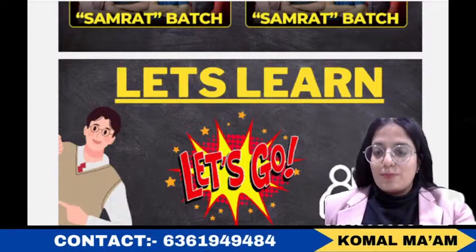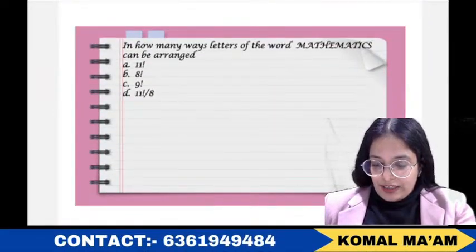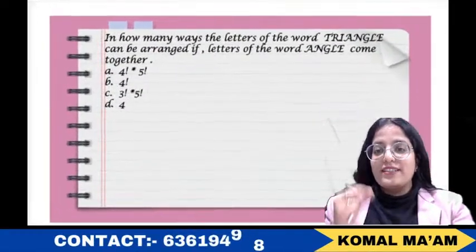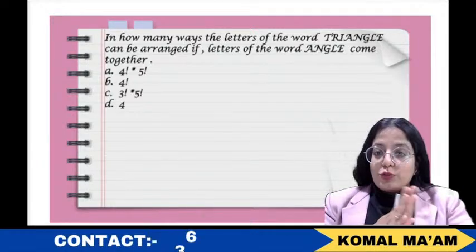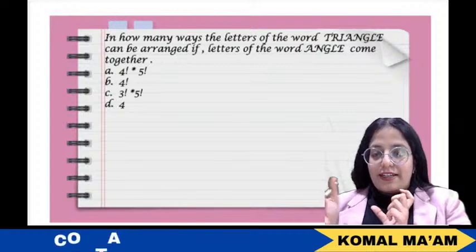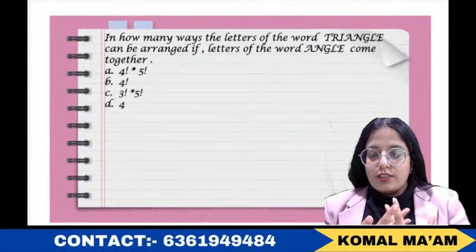Okay, so let's begin. In the previous class we discussed some very important questions of PNC. That was the basic. I think you remember I told you how to solve the questions of arrangements. I gave you the trick without even using the formula.